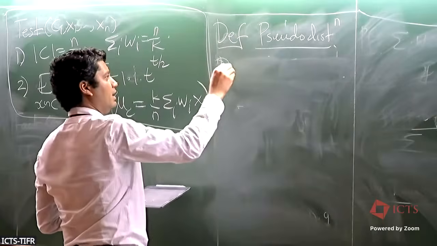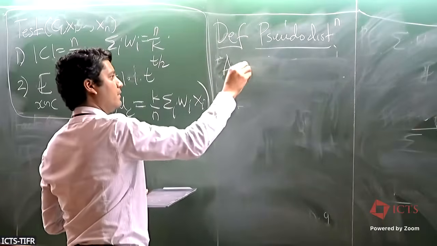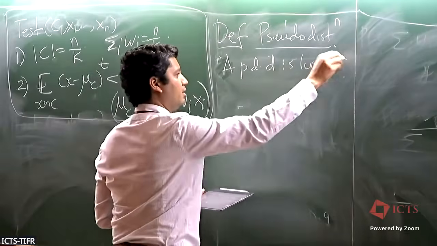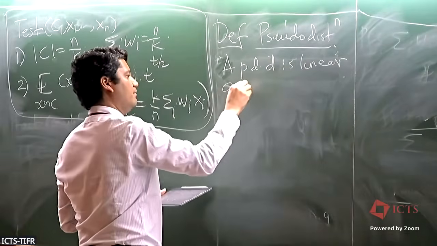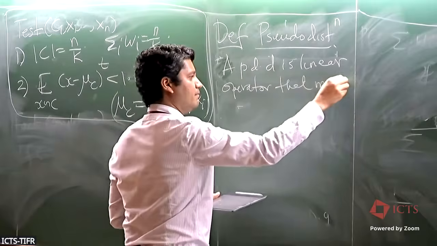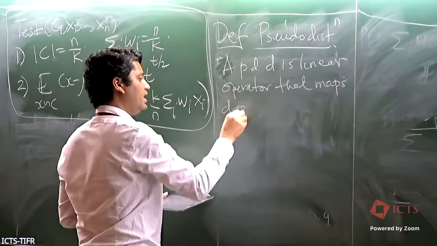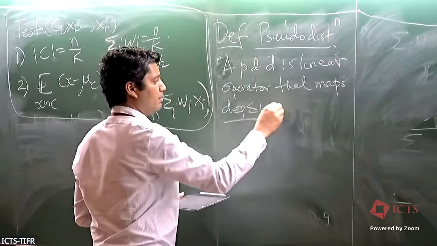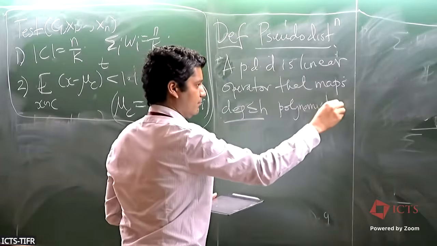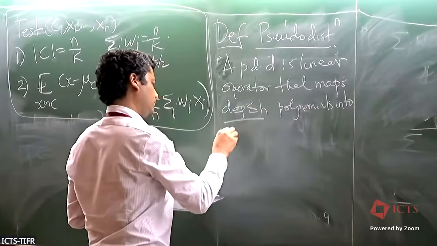So a pseudo distribution D is a linear operator that maps degree up to h polynomials into real numbers.